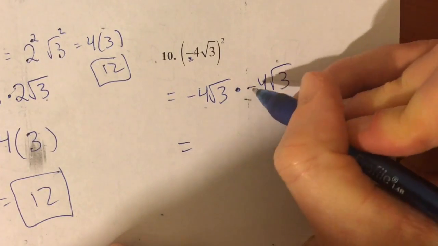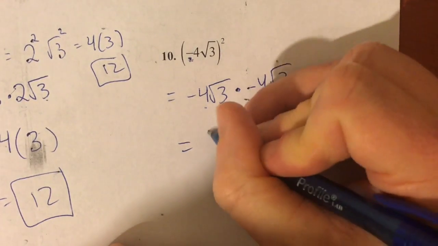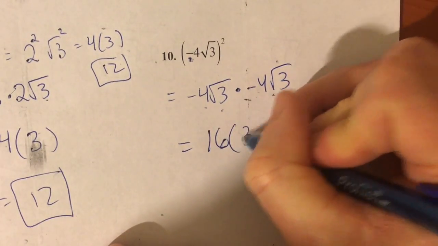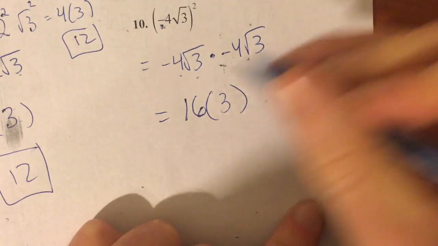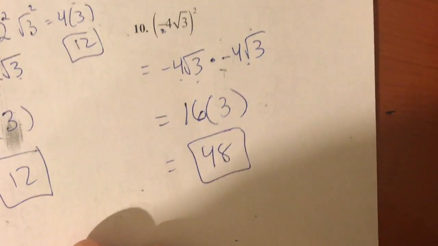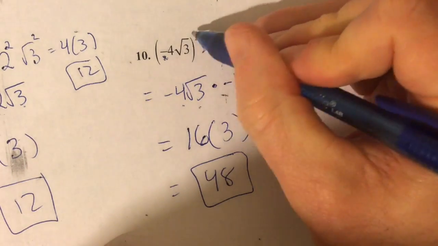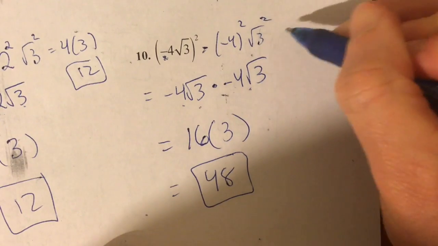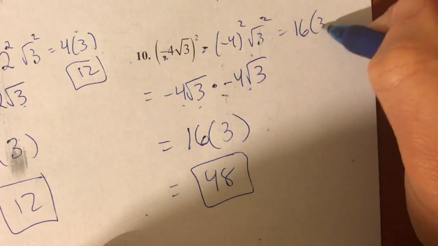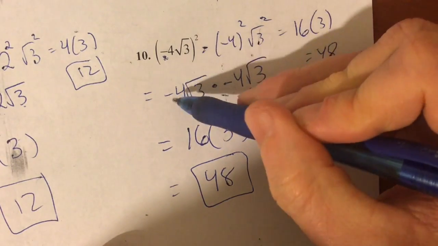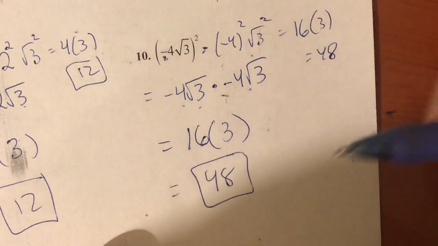You're really doing negative 4 squared, negative 4 times negative 4, so that's positive 16, and root 3 times root 3 is root 9, which is just 3, and 16 times 3 is positive 48. But yeah, if you were doing this here, negative 4 squared times root 3 squared, that's going to give you 16 times 3, 48. But if you want to write it out twice just to be safe, that might be a good idea.